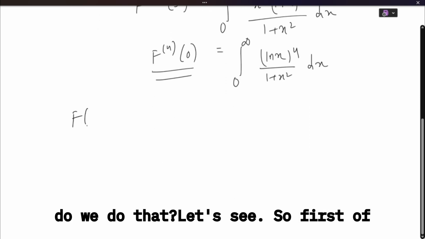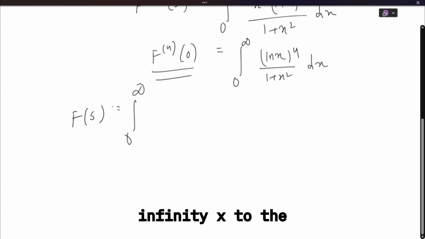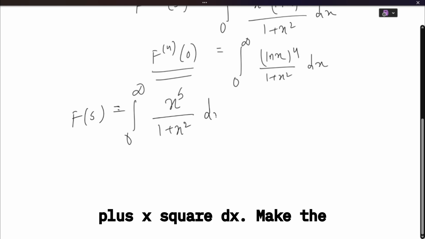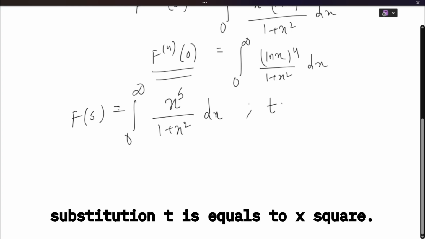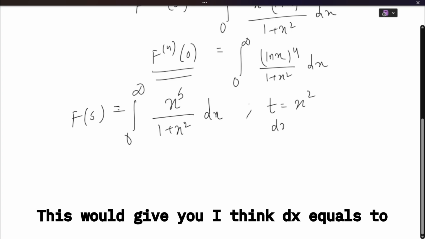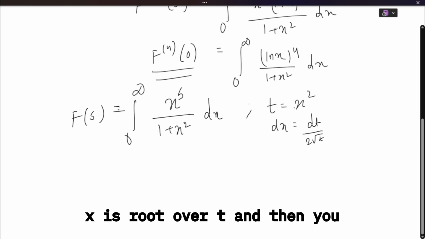Let's see. First of all, f of s is simply the integral from 0 to infinity of x to the power s divided by 1 plus x squared dx. Make the substitution t equals x squared. This would give dx equals dt by 2 root t, because x is root t, and then you differentiate both sides.